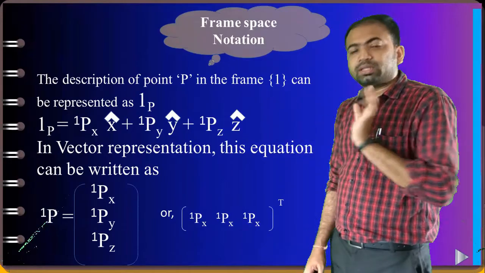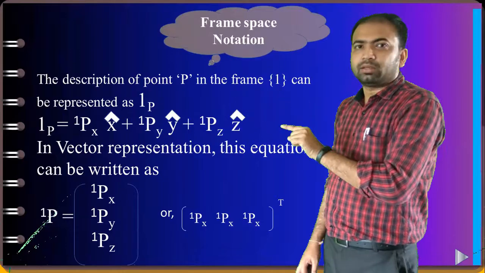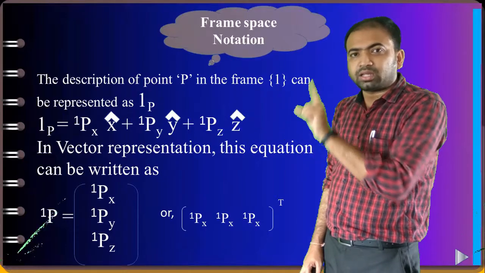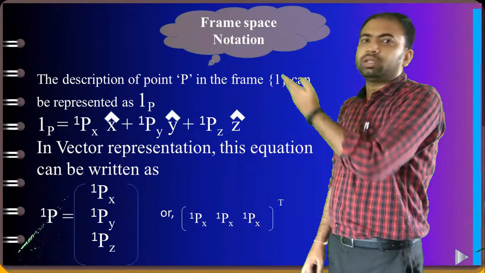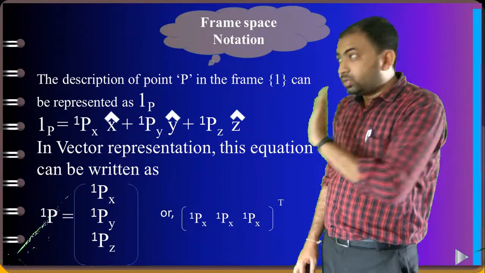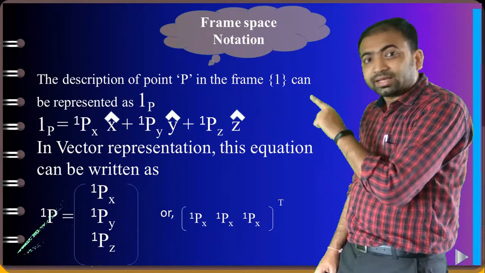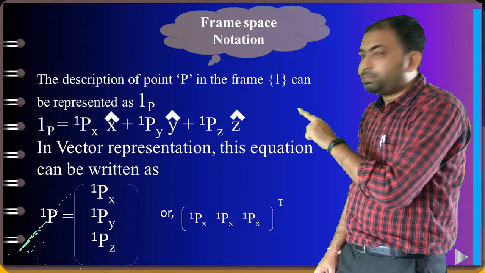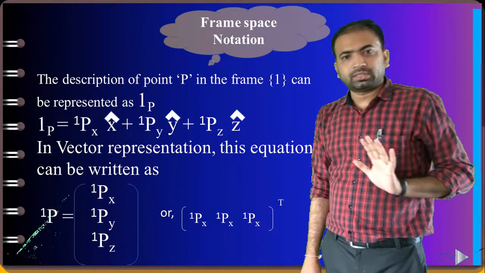Okay, 1P can also be represented as XYZP, as the name of the frame is either 1 or you can keep it as XYZ. So XYZP, or you can keep 1P, which is the summation of 1Px x cap, 1Py y cap, 1Pz z cap.